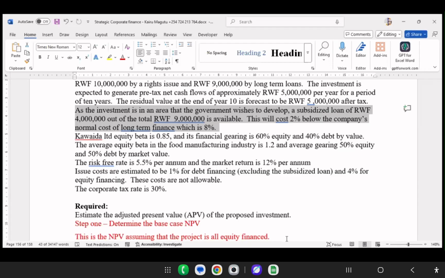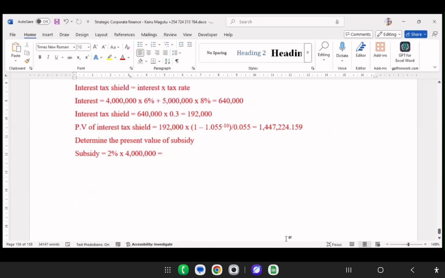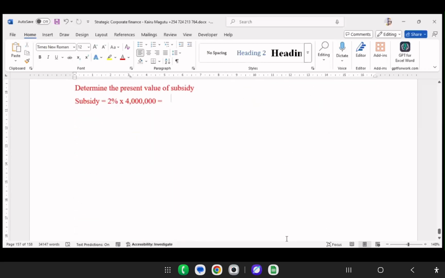This will cost 2% below the company's normal cost of long-term financing. 2% is the subsidy. So how much is 2% of the 4 million? 80,000. Yes, I see someone say 80,000.